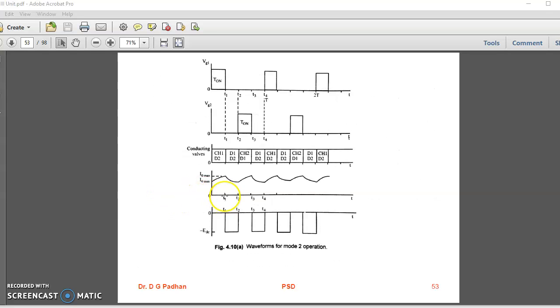In this case the induced EMF in the armature and the voltage across the inductance are additive, and this voltage forces the current into the source.